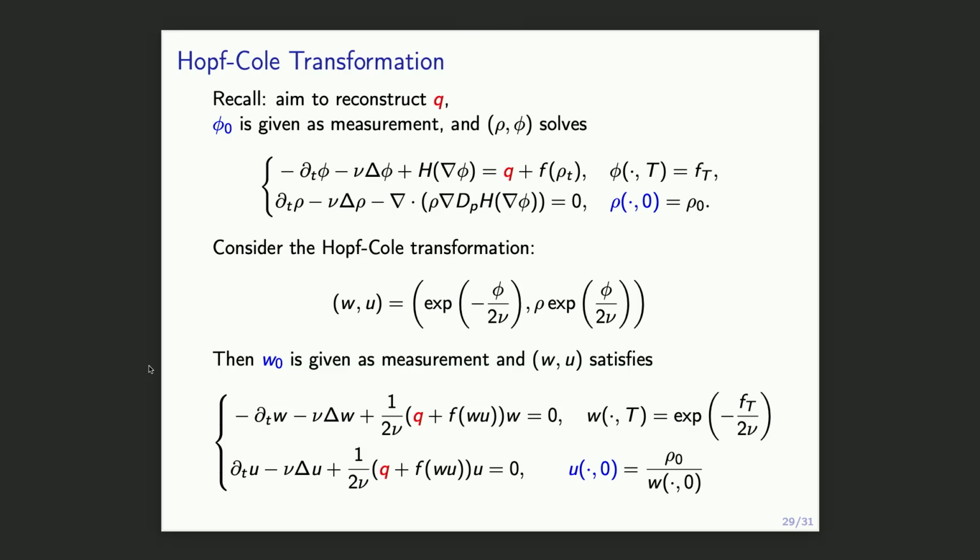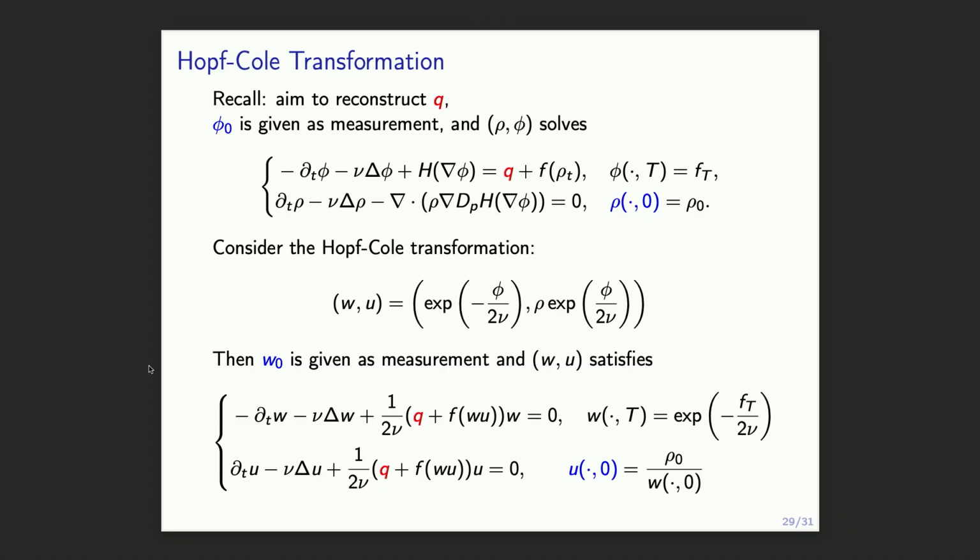And the last thing I want to mention is we find that there is a potentially important connection between our inverse mean field game and the classical inverse linear parabolic equation. For HJB, you can take a Hopf-Cole transformation to make it a heat equation.